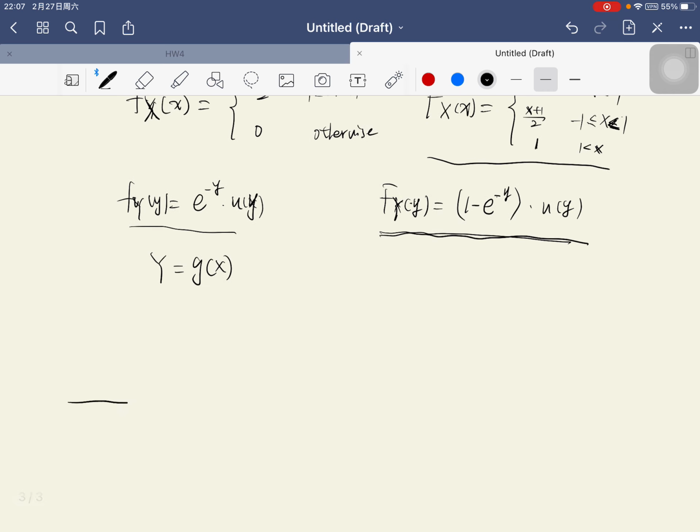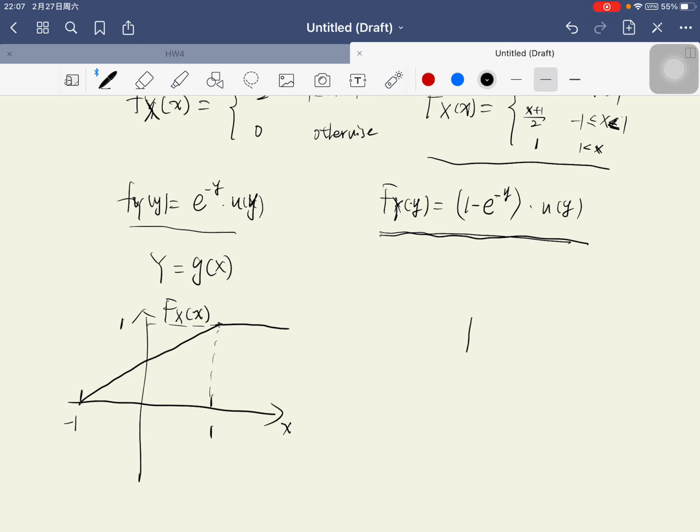For the graph of the distribution function of x, we could find that when x is from -1 to 1, it is a line up to 1, and when x is over 1 it is equal to 1.